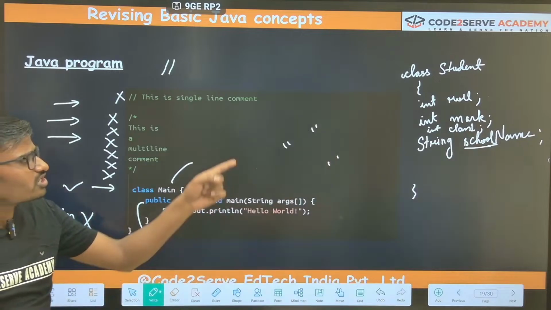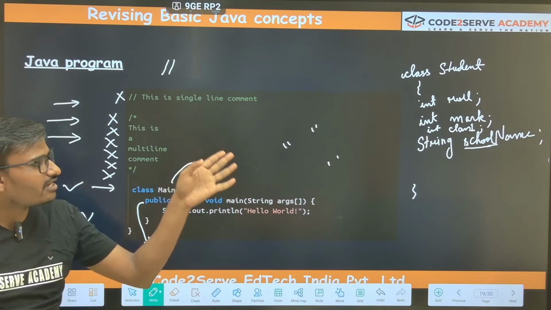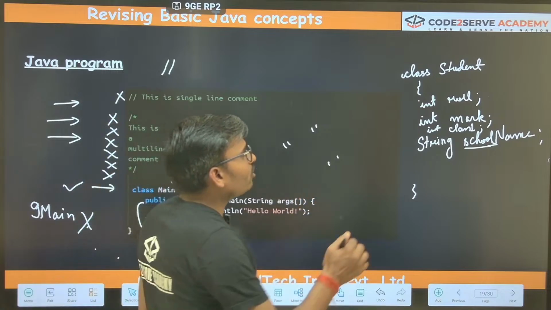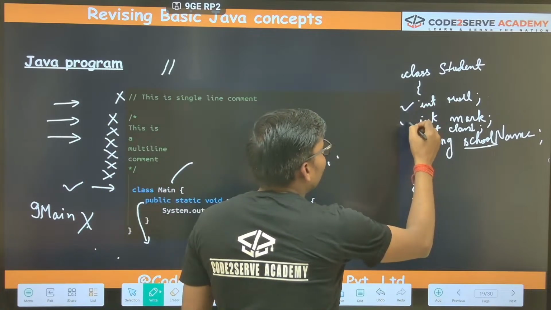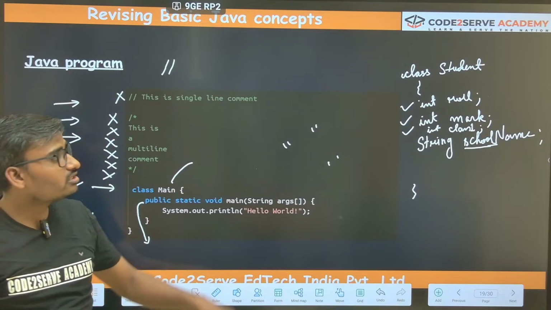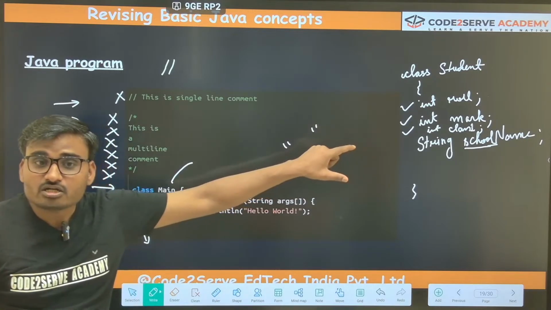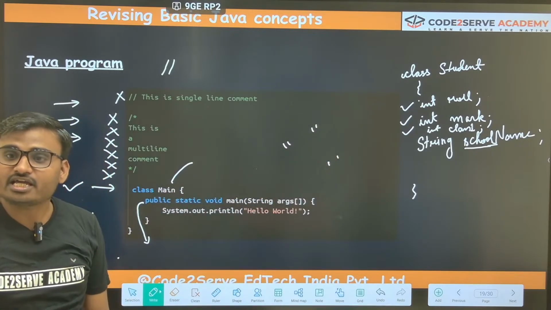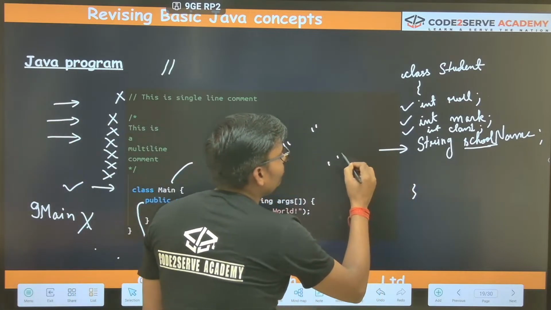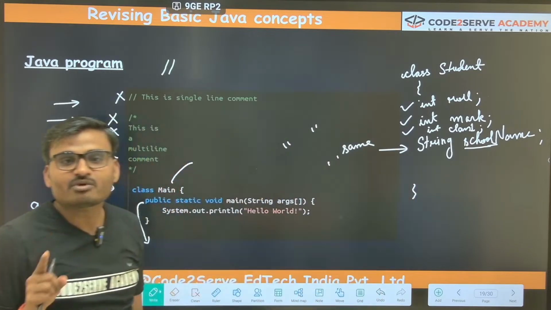Okay. So you see, there are n number of variables I have created. All these things will be different for different users or different students. But for Denobly school or any XYZ school, the school name will be the same. Getting my point?